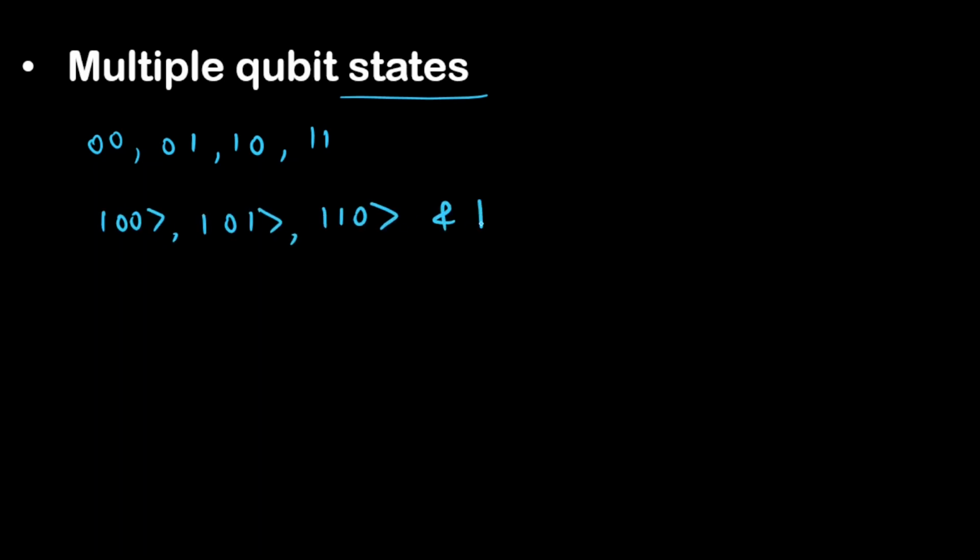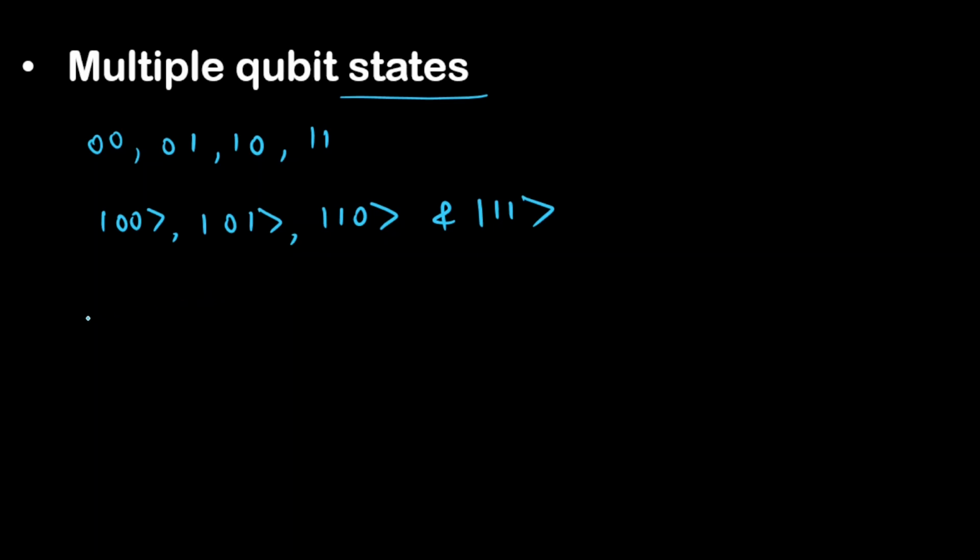Now let's talk about multiple qubit states. For classical 2 bits, we have 4 possible states, that is 00, 01, 10 and 11. Similarly, a 2-qubit system has 4 computational basis states that is given by 00, 01, 10 and 11.